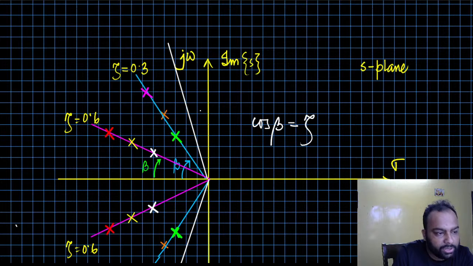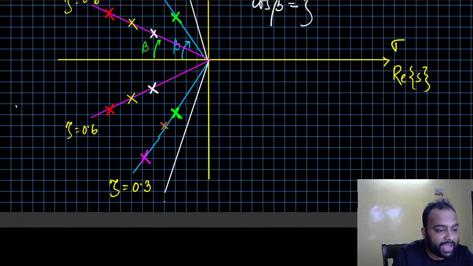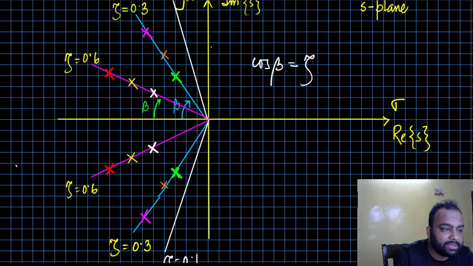So if I have pole pairs on these white lines, they would have different values of zeta. Say they correspond to zeta equal to 0.1. So if I have pole pairs on this, then zeta will be equal to 0.1.